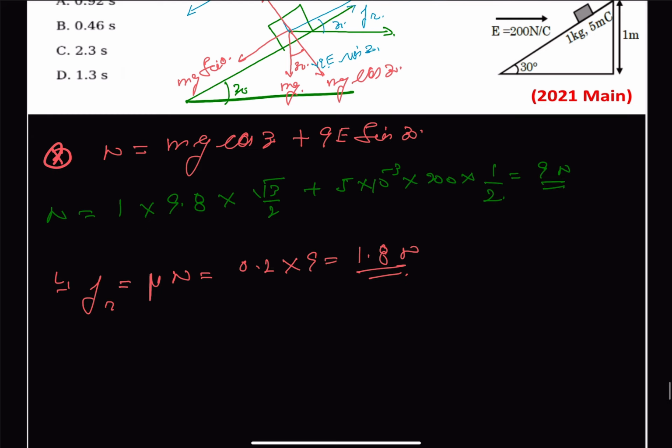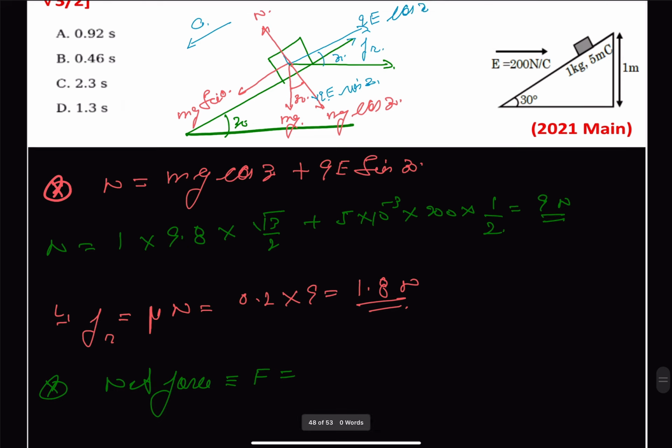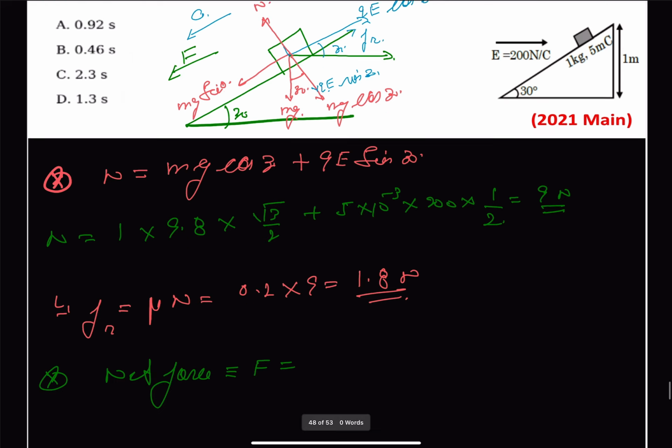Therefore we can write the equation that the net force on the body is, suppose, F, which will be acting in the downward direction, along the inclined plane.